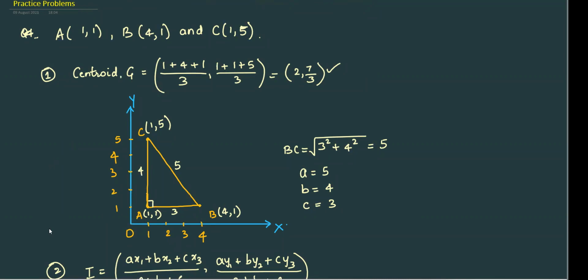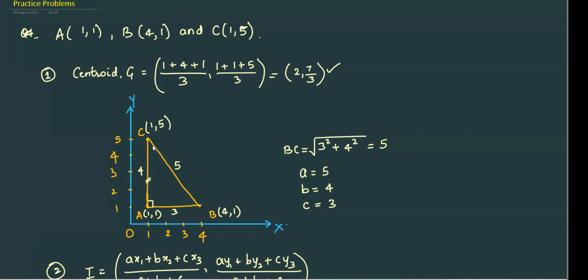The altitude for the side AB is AC. An altitude is a line through the vertex perpendicular to the opposite side. So this CA is the altitude for AB. So this is one altitude.